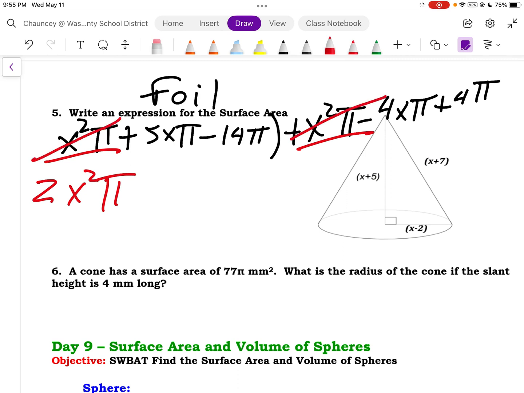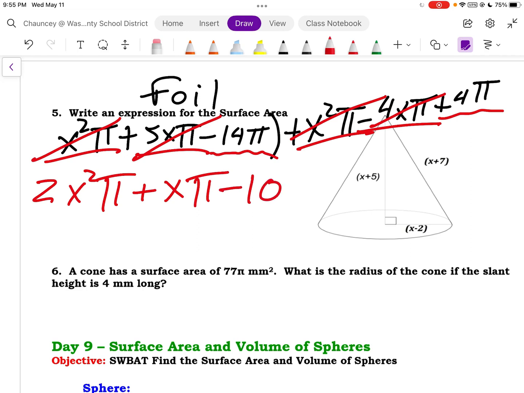Those are gone. Now we have negative 4x pi and 5x pi, so what you end up with is just plus x pi. Those are gone. And then you're left with negative 14 pi plus 4 pi gives you minus 10 pi.